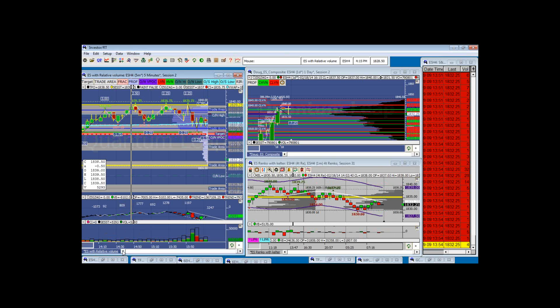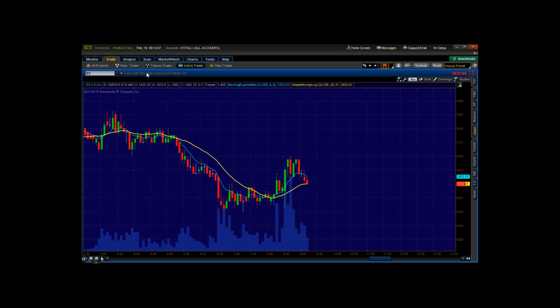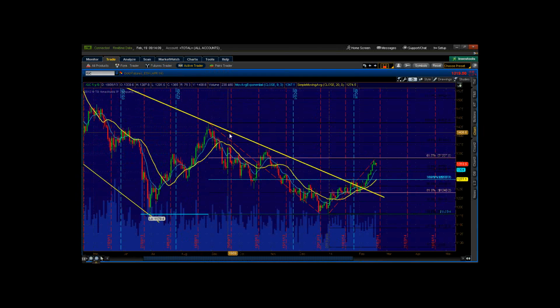Let's take a quick look at gold. Again, we've got to look at this pattern that's setting up. We've got the longer term bottoming pattern, which is a descending, broadening wedge. Then we've got this potential cup forming here.